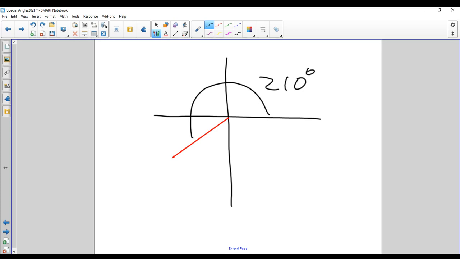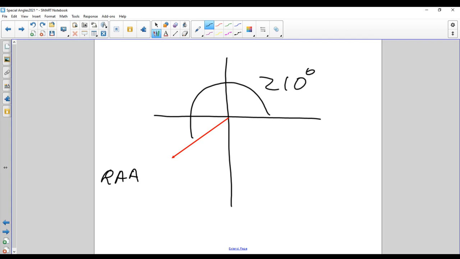But I'm going to stick with you, Jaheen, because I need the RAA now, the related acute angle. What's my RAA? 60 degrees? I'm actually going to disagree with you.